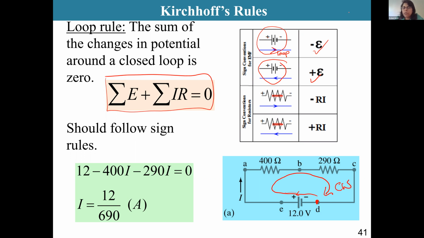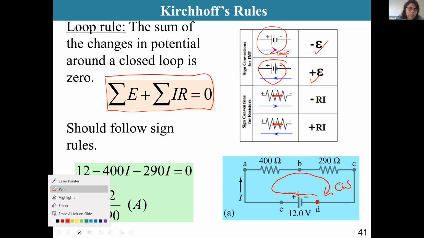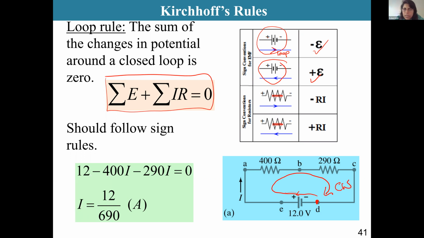And the next sign rule is for the resistance. With resistance, you always need to check the current direction and the loop direction. The current direction in this circuit, you see that current is going this way, here also that way, right? And my loop direction is the red one. Loop direction and current direction are the same.